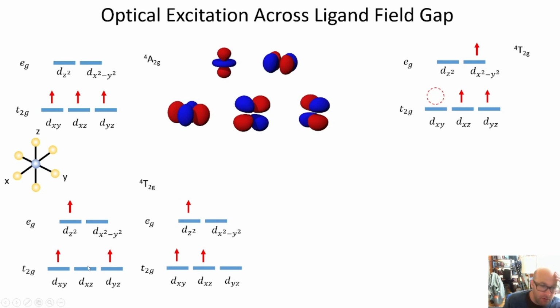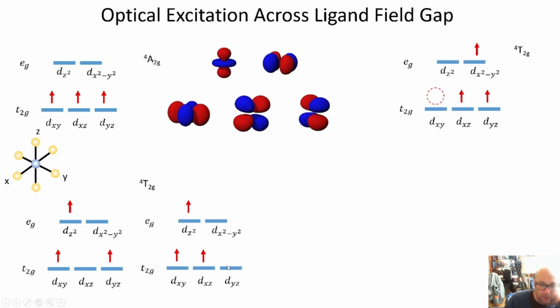So just to show you, if I instead had chosen dxz, I would not want to put it in the x squared minus y squared after excitation, because that would now enhance repulsions with xy and yz. But if I do put it in z squared, that's the lowest energy excitation I can make, because it leaves the electron density minimally altered compared to the ground state.